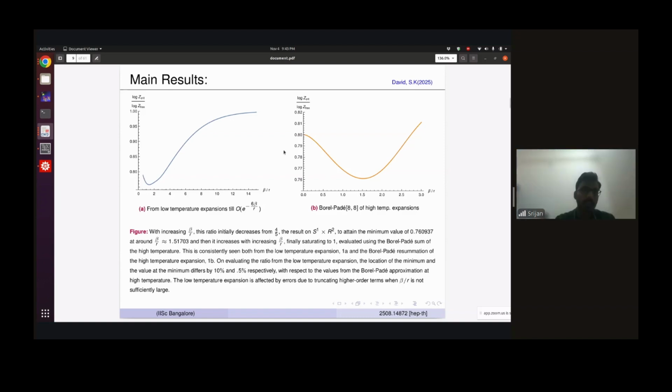I don't understand your graph. Sorry, this is from the low temperature expansion. So from what you're saying, the left graph you should trust for large beta over r, but it looks like it's good all the way to small beta over r. Why?